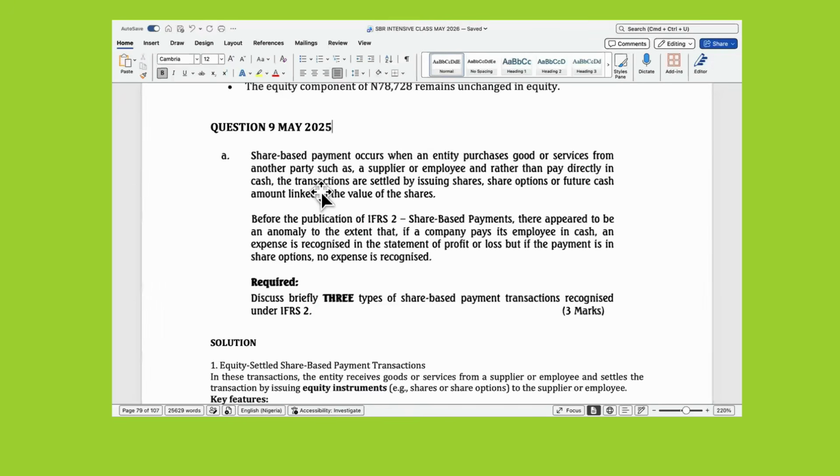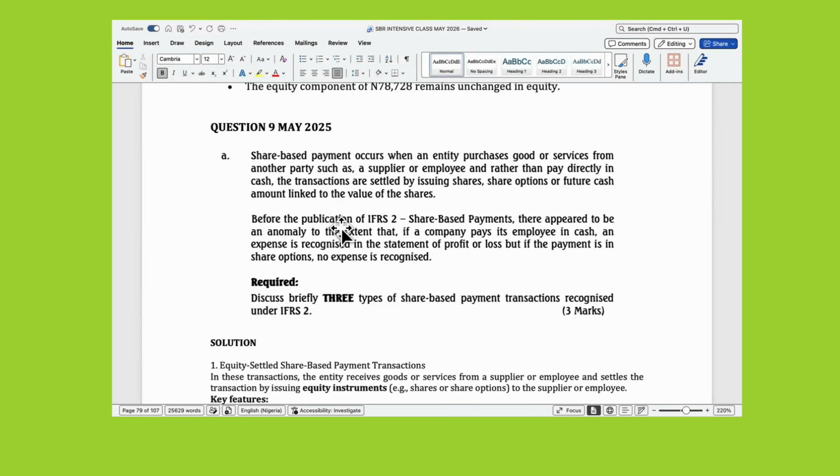The question says share-based payment occurs when an entity purchases goods or services from another party, such as a supplier or employee, and rather than pay directly in cash, the transactions are settled by issuing shares, share options, or future cash amounts linked to the value of the shares.